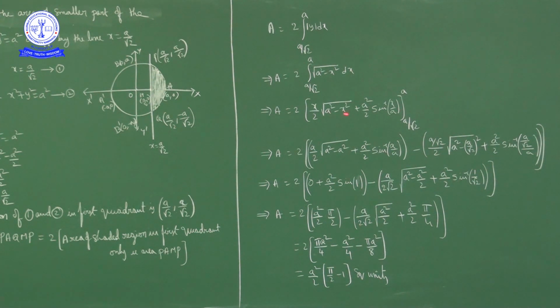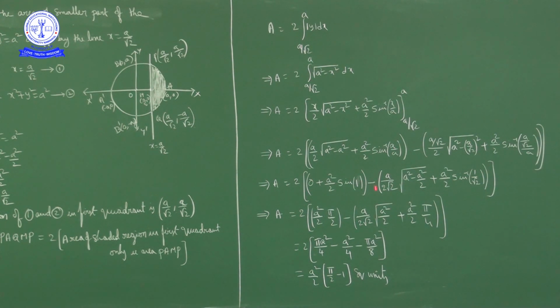Minus the lower limit substitution. In place of x, if we substitute a upon root 2, what will we get? a upon root 2 by 2 into square root of a square minus a upon root 2 whole square, plus a square by 2 into sin inverse of a upon root 2 upon a. Okay, now here a square minus a square is 0, so this part is 0, plus a square by 2 sin inverse of a by a, sin inverse of 1.